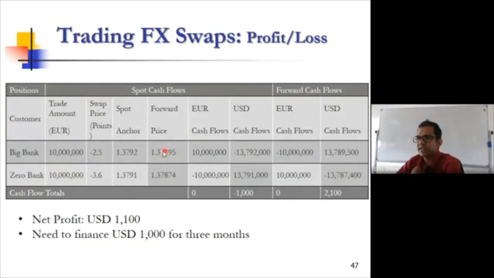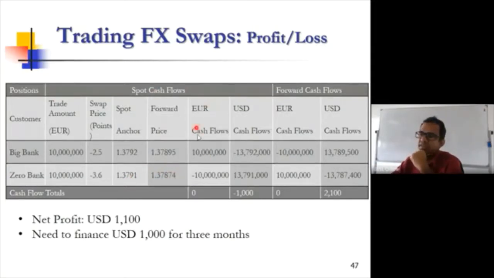Forward prices, again make the adjustment to this spot rate based on the swap points. 1.3792 minus 0.00025. Then you get this. Here 1.3791 minus 0.00036. Then you get this forward price.